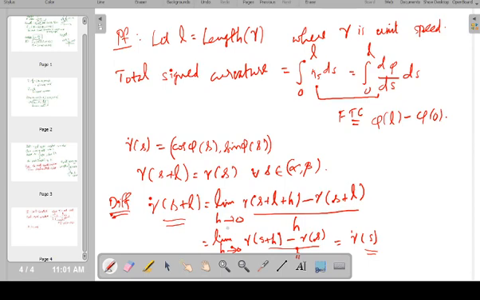So now what we do is I will evaluate gamma dot at the point 0 and gamma dot at the point L from this expression. So this is star.